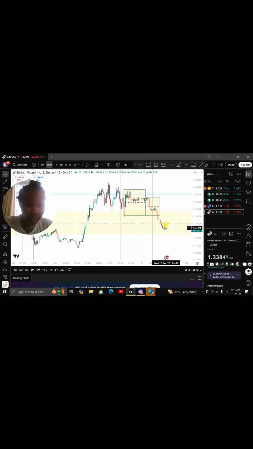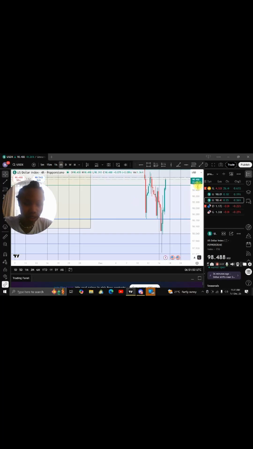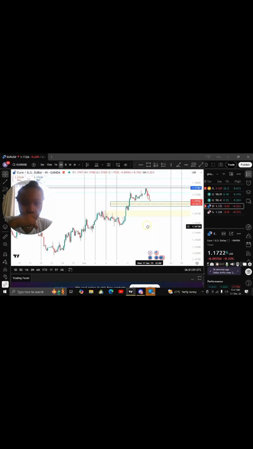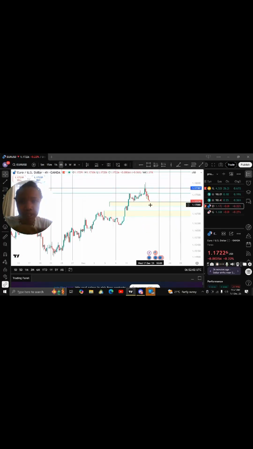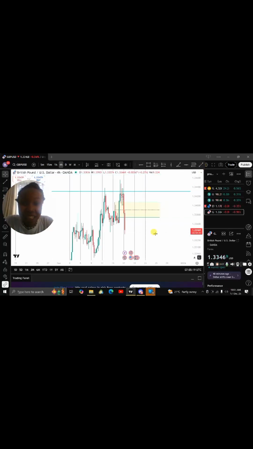If at 10 I get the manipulation above here, I might consider getting in for a short if the USDX is still looking good, but if not, then I'm not gonna enter here. Still in the euro, no entry too. My objectives are almost being met and no manipulation. So guys, I think I'm gonna be staying out of this trade entry.